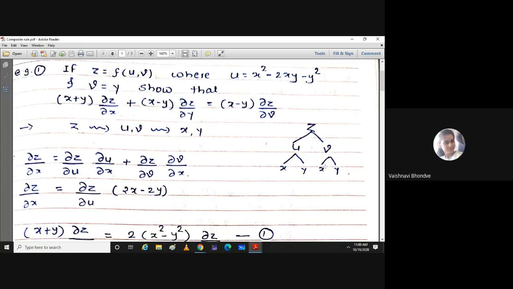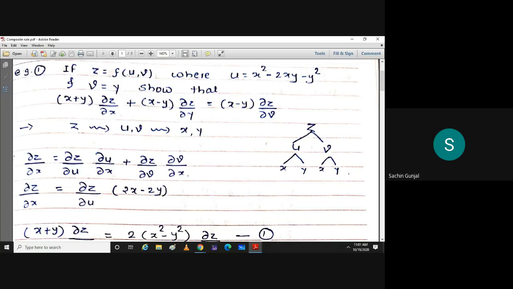Now, what I was saying is, out of these four partial derivatives, ∂u/∂x you can actually calculate, ∂v/∂x you can actually calculate, but you cannot calculate ∂z/∂u. Why? Because the function is not given to you.